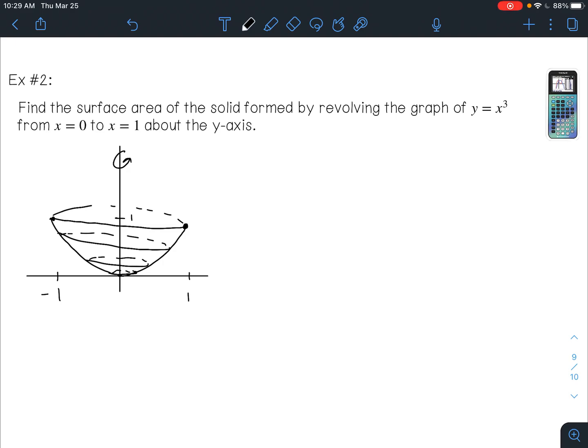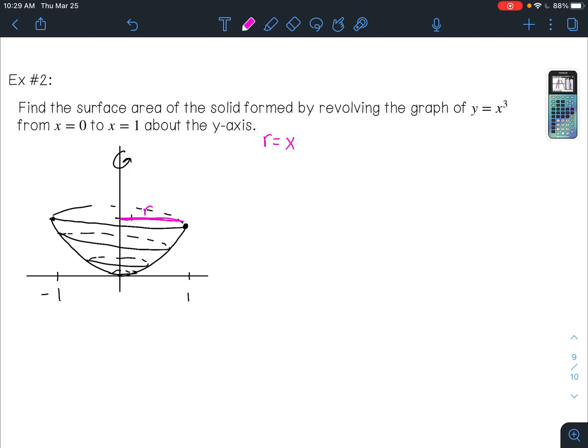So let's see. Now we're revolving around the y-axis, right? So if I want to think about my radius here, my radius is equal to my x-coordinate. So that's something to think about. And then my arc length, we're revolving from 0 to 1.